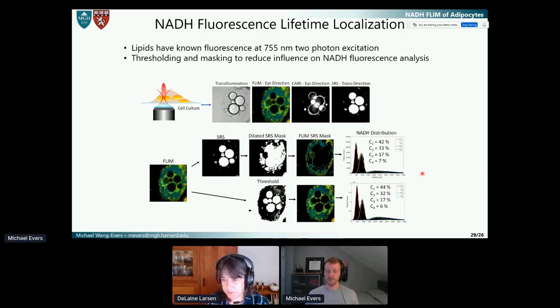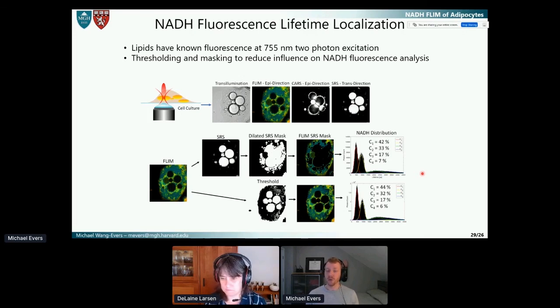Okay, and do you see a different lifetime signature in different types of fats? So yeah, we looked into that, and basically we had stem cells, and we took those stem cells out of white fat depots, out of brown fat depots, and out of beige fat depots. And then these precursor cells we differentiated into fat cells, and we were able to see different fluorescence lifetimes for all 3 differentiated fat cells.